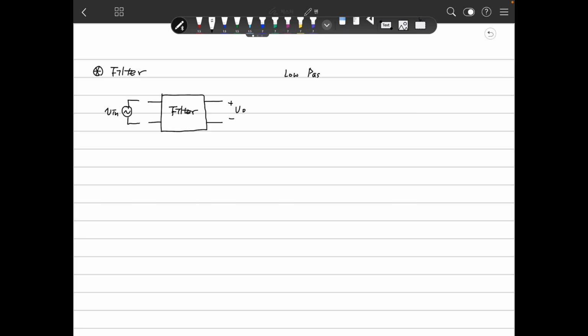Low pass filter, I mean, the low frequency signal. It could be power, but in general, we use the signal. It goes into the system filter. We call this a low pass filter. Then the output is a low frequency signal.